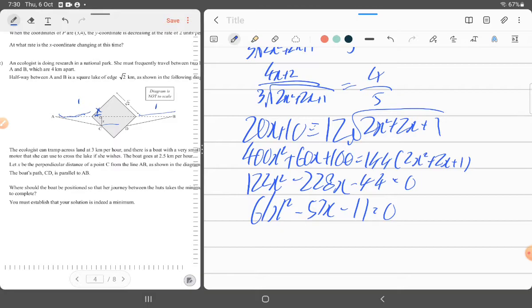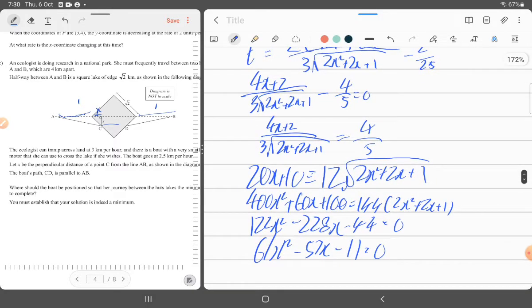Let me just, 61 minus 57 is 11. Wait, no, this is definitely wrong. Let me just check the marking schedule.